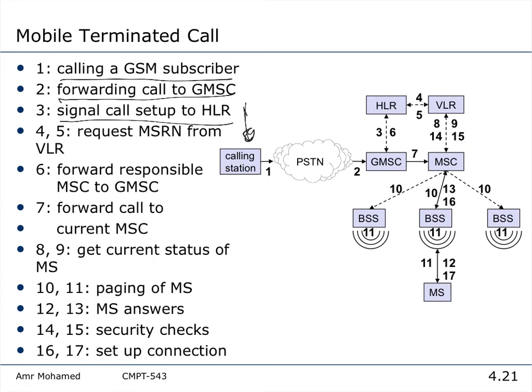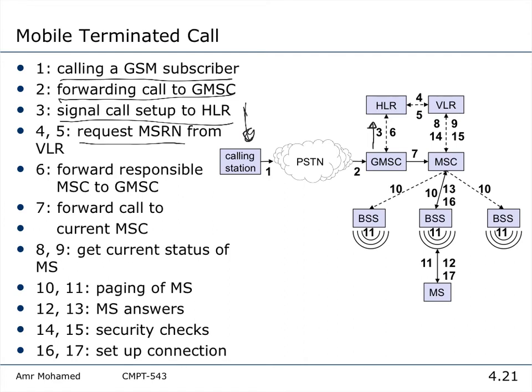So when it goes to the HLR, which is number 3 here, then we request what we call the mobile station roaming number from the VLR, which possibly refers to what you were talking about.